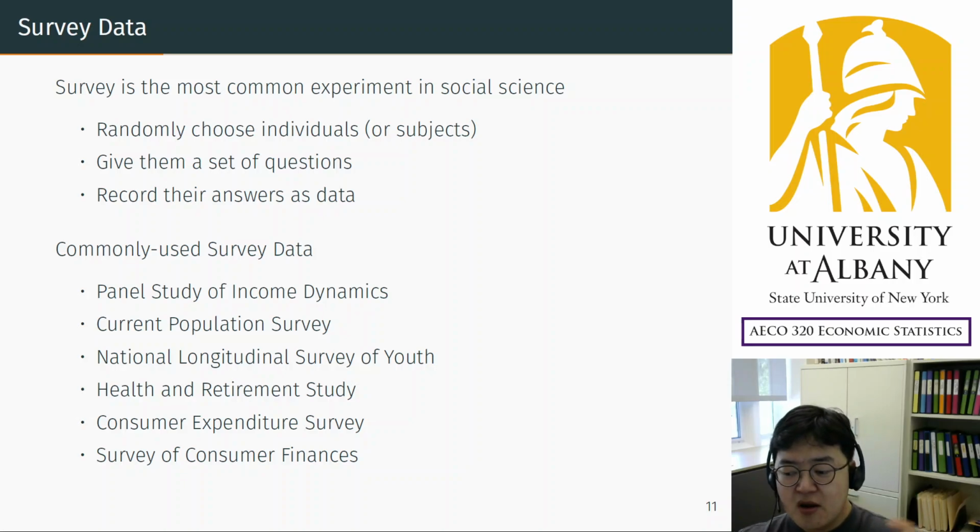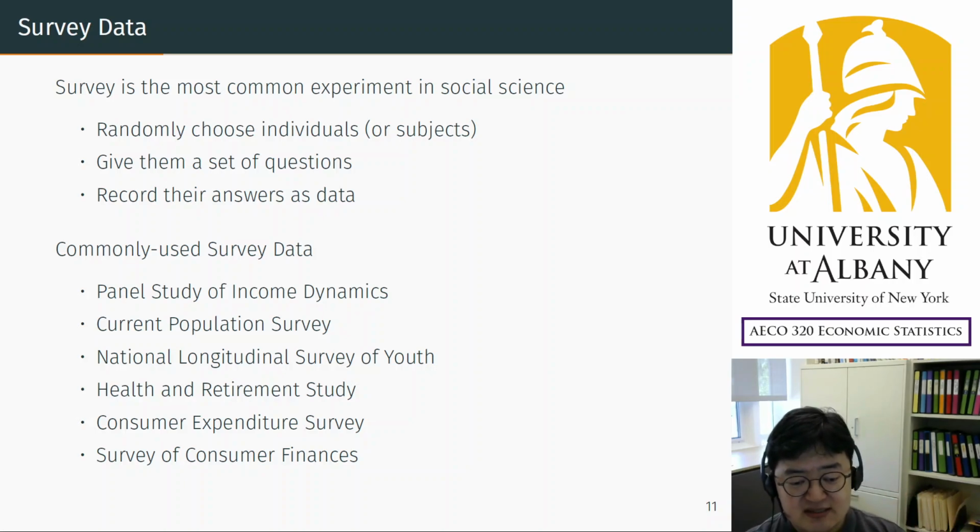But for example, every 10 years the United States does a census. But it is actually not a sample, because that is the population. It obtains information from everyone. So it is not statistics, it's just computation, right?